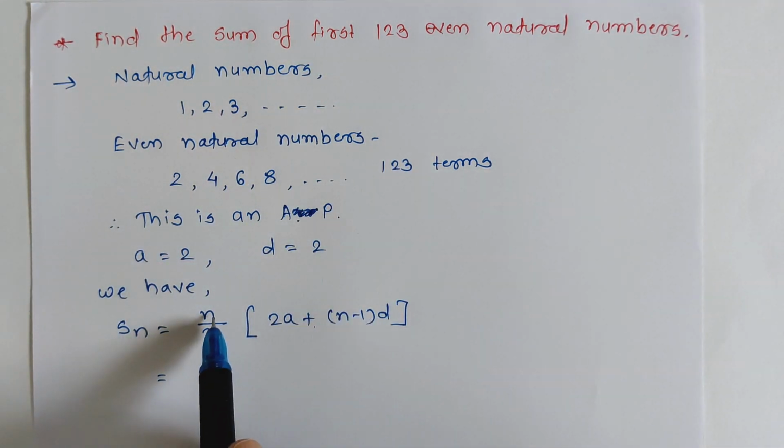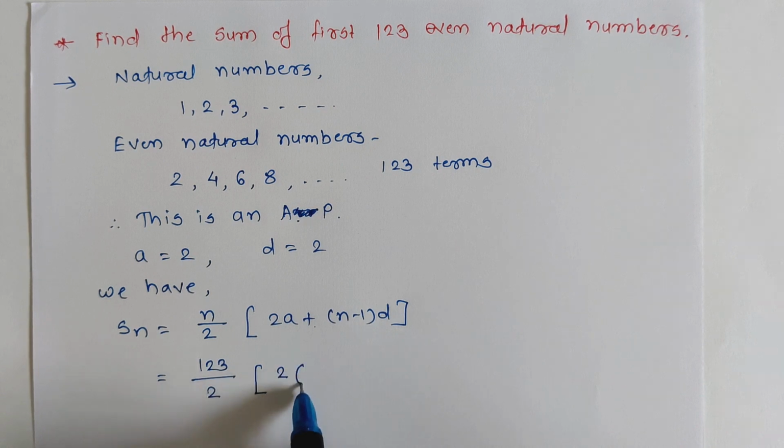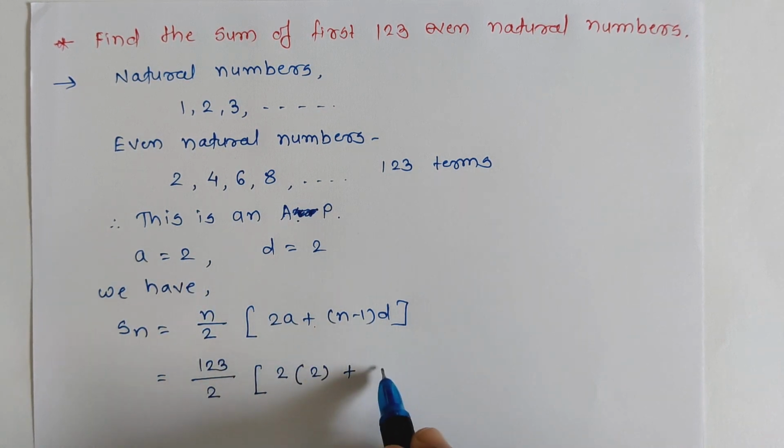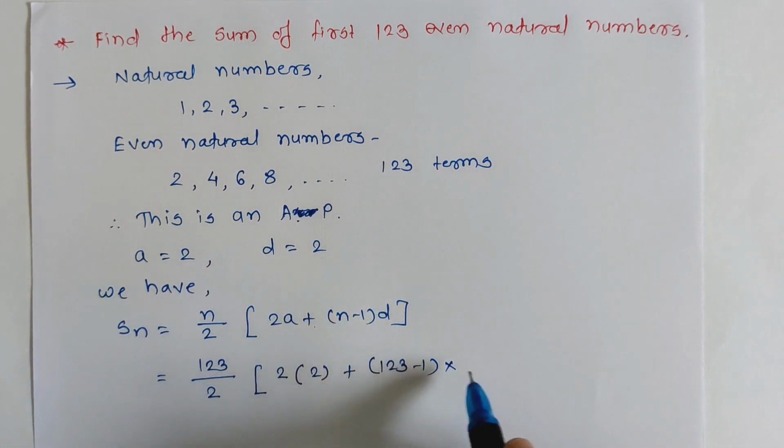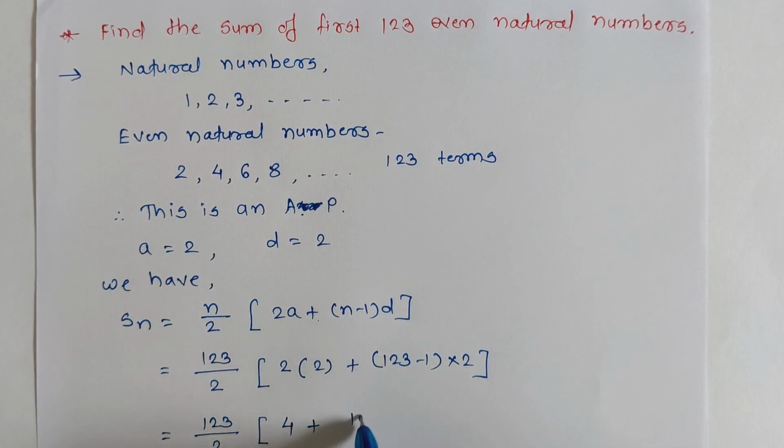That's why instead of n we take 123 divided by 2 into bracket 2a, that is 2 into 2, plus n minus 1 into d, that is 123 minus 1 into d, which is 2 again. That is equal to 123 divided by 2 into bracket 2 into 2, that's 4, plus 123 minus 1, that is 122, into 2.